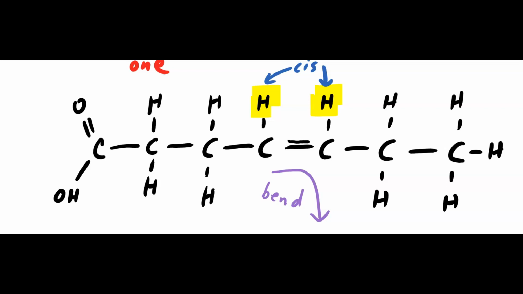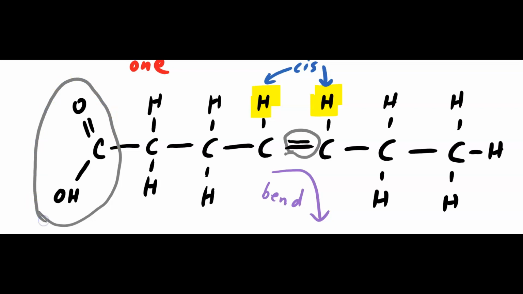As we take a look at this cis monounsaturated fat, first of all, we're going to look here at the double bond, and at the double bond, that's where we identify if it's cis. Well, first of all, every fatty acid is going to have a carboxyl group at the top, a carboxyl head, which is simply COOH.